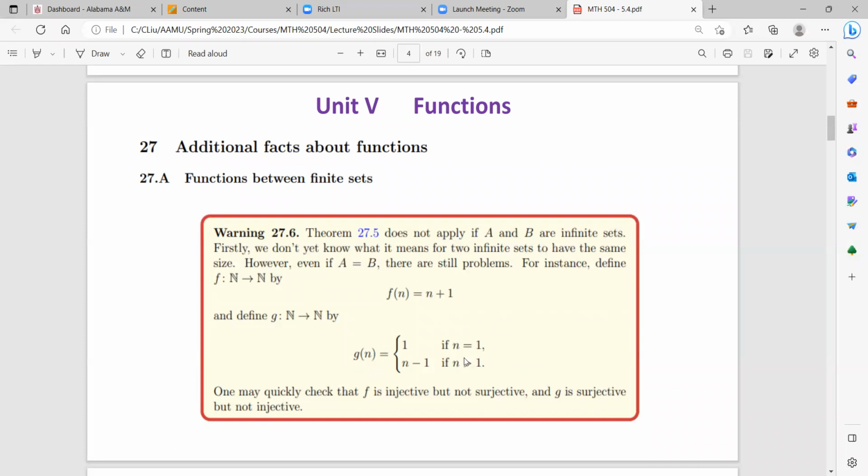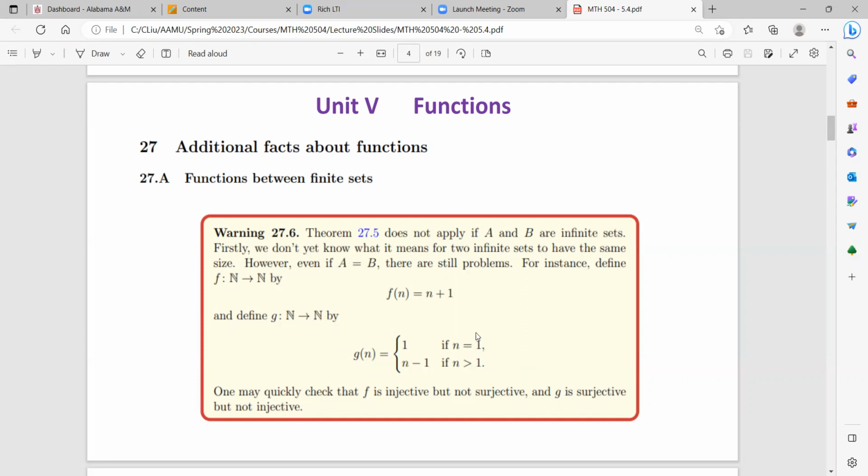And if you look at function g, then you will find that g is surjective but not injective. G is surjective because the image of g is the same as the codomain.